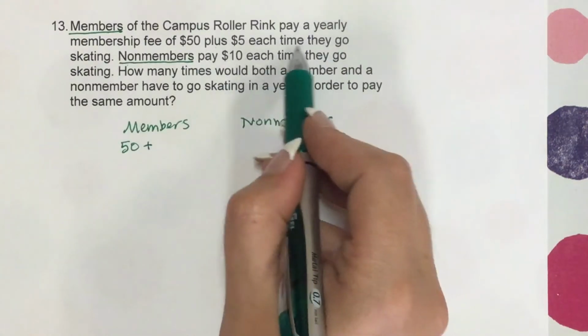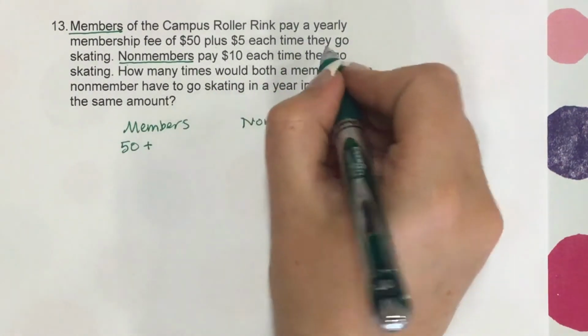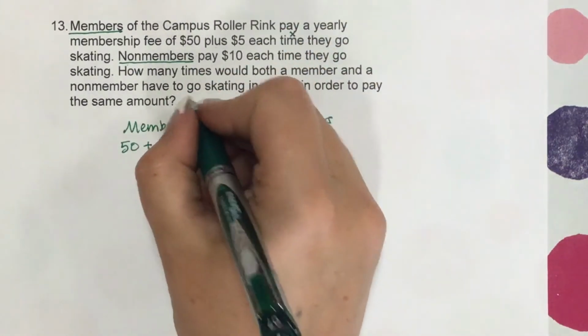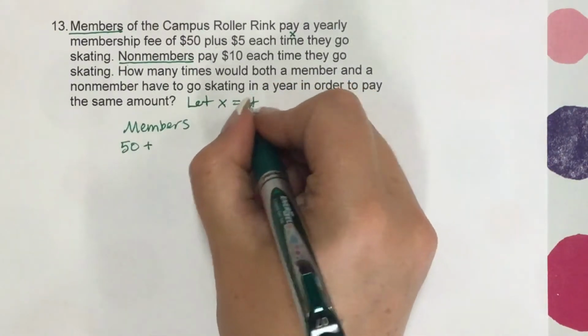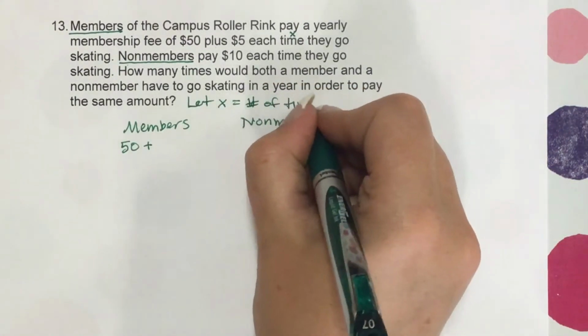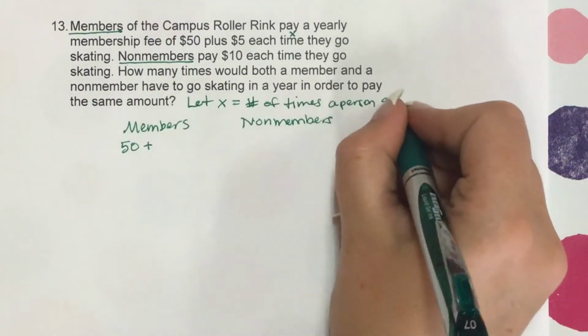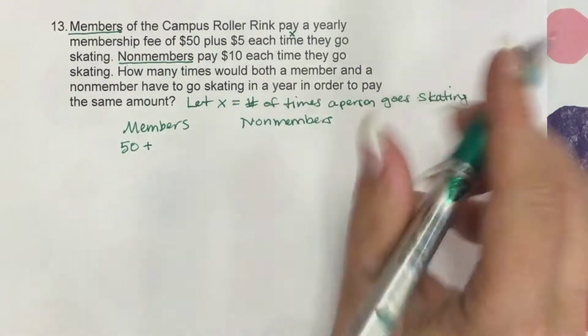We don't know how many times they go skating, so the number of times becomes our variable, our x. So we're going to define our variable: let x equal the number of times a person goes skating.